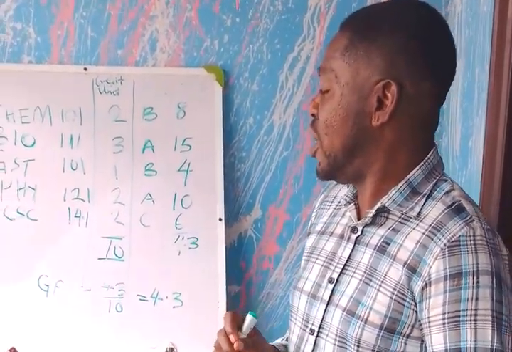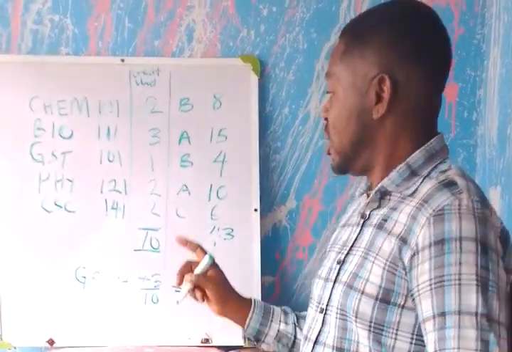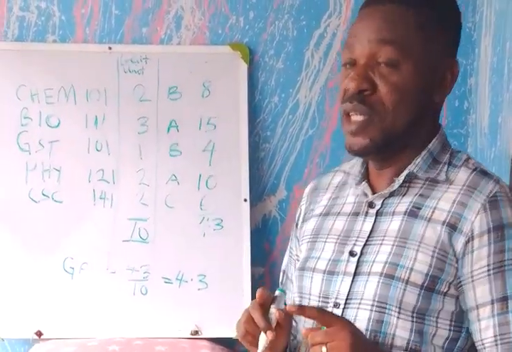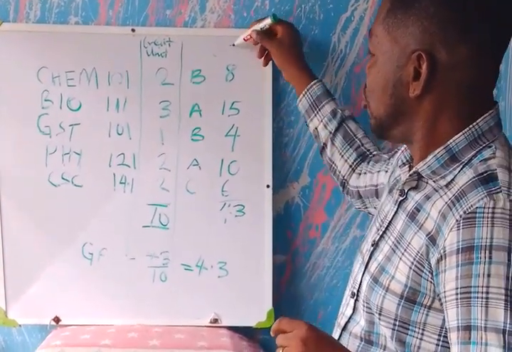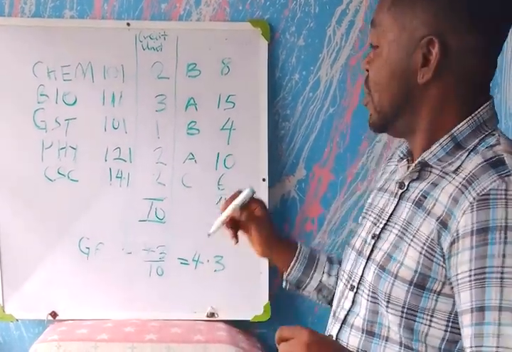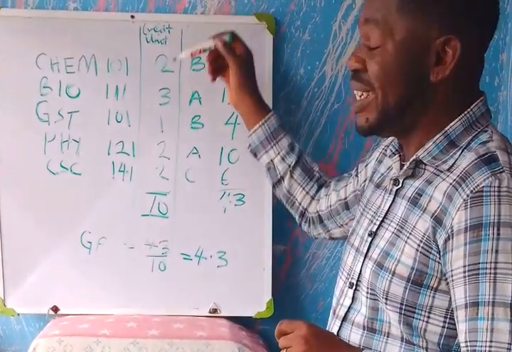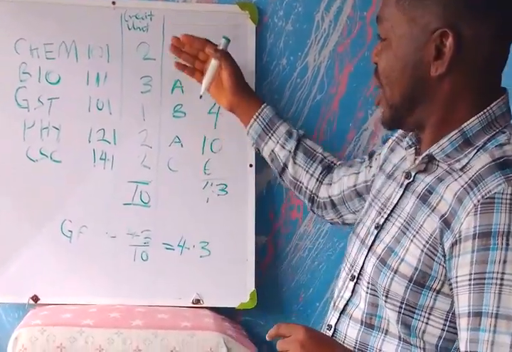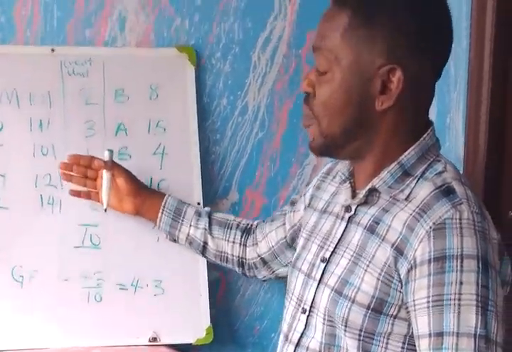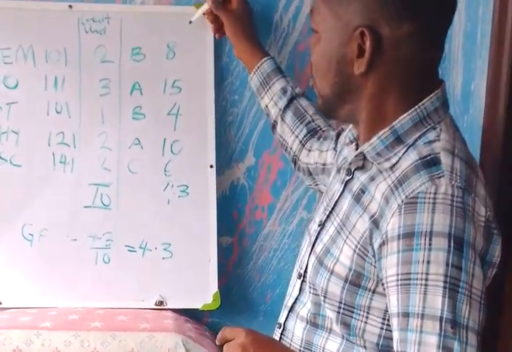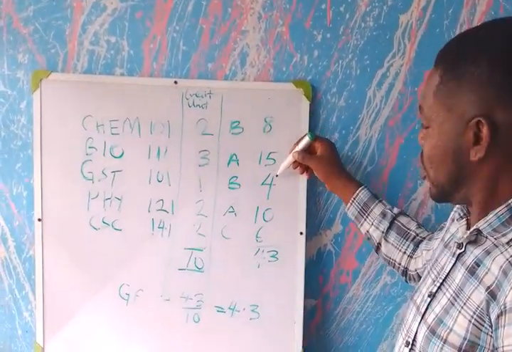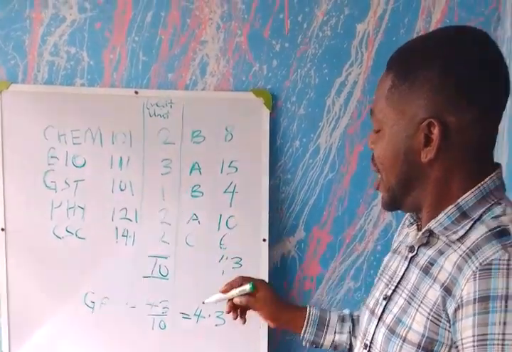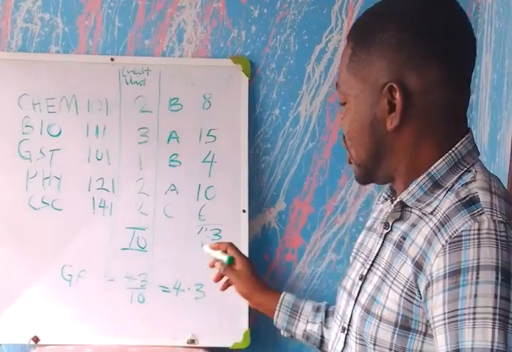Then in order to calculate your grade point, because this is just one semester, you are going to divide the total number of points accumulated by the total credit unit load. So for this particular semester where you offer 5 courses, the total number of points accumulated is 8 plus 15 plus 4 plus 10 plus 6, and that gives you 43.